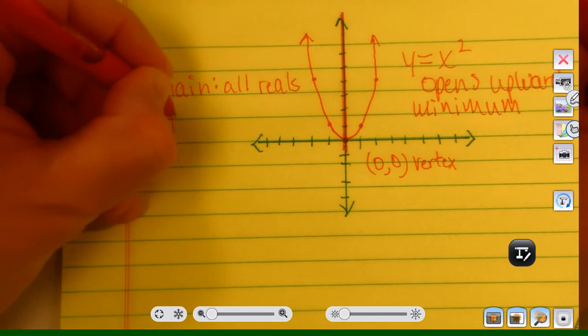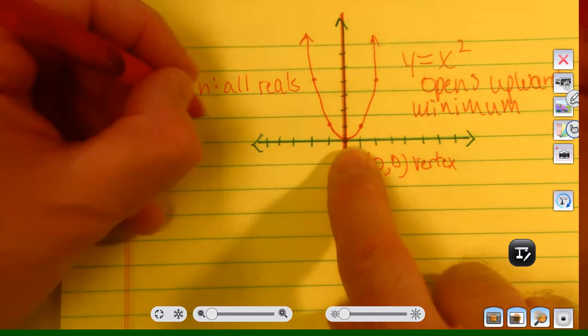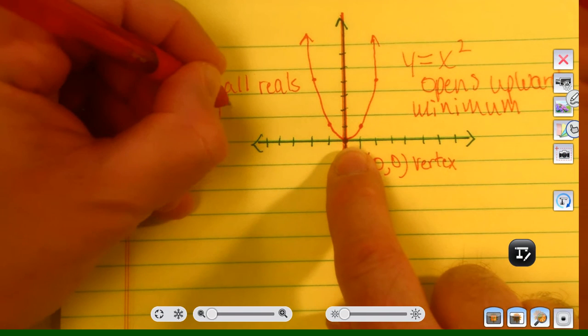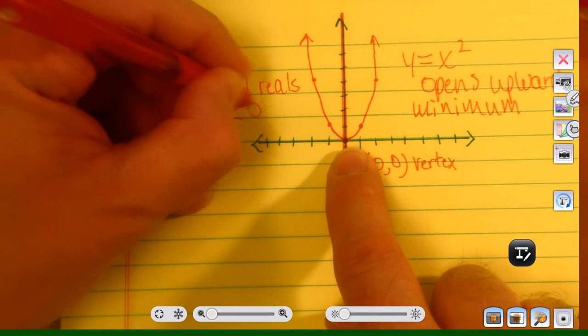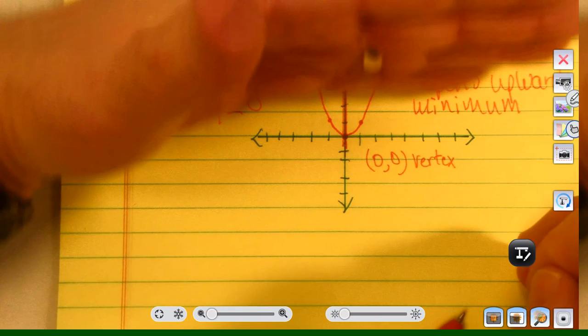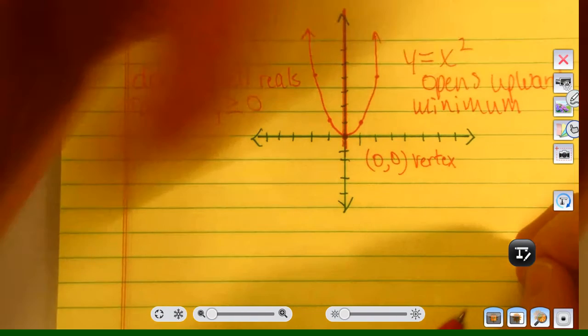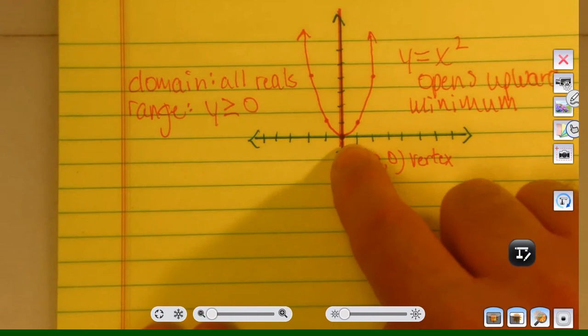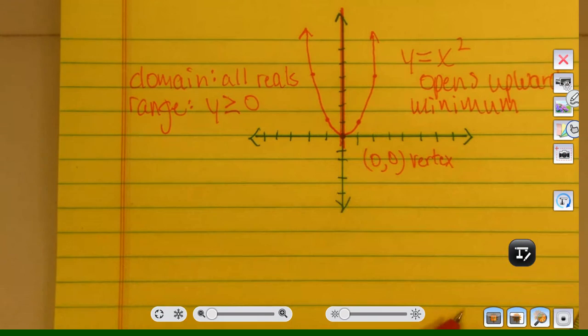It will never get lower than 0. So my range is y is greater than or equal to 0. So in other words, going this way, all my y values will never get below 0 on the y-axis. So that's just the parent function. That's the parent function of y equals x squared. That's what it looks like on the graph.